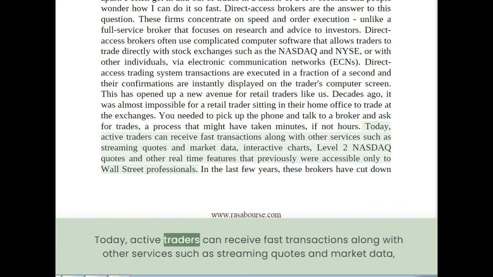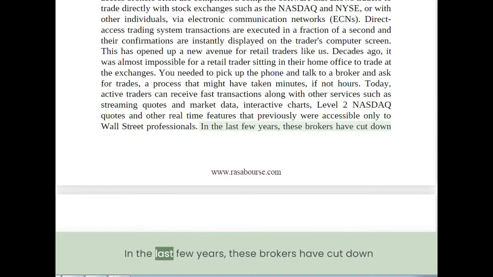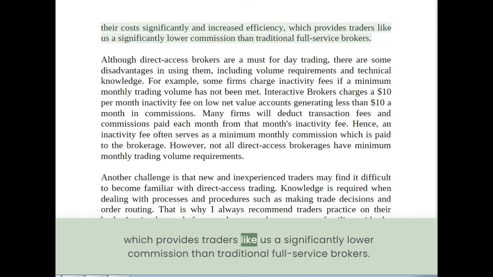Today, active traders can receive fast transactions along with other services such as streaming quotes and market data, interactive charts, Level 2 Nasdaq quotes, and other real-time features that previously were accessible only to Wall Street professionals. In the last few years, these brokers have cut down their costs significantly and increased efficiency, which provides traders like us a significantly lower commission than traditional full-service brokers.